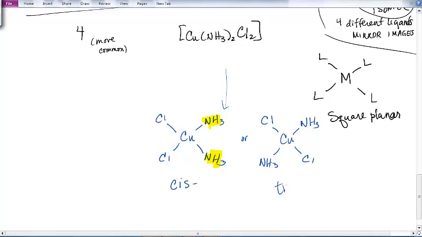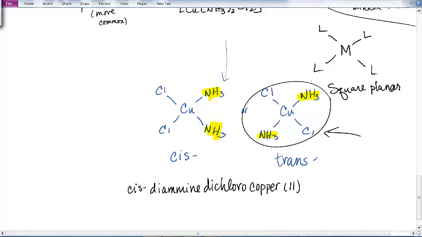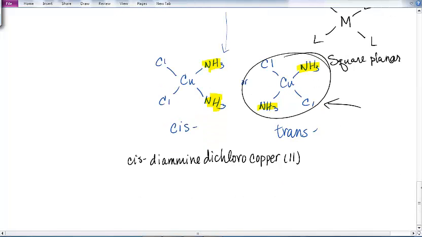This other one, when it's opposite, is trans, and trans means opposite, and we've got ligands opposite each other. So this one literally could be called, in this case, cis diamine dichloro copper. This is still copper 2, whereas this one would be trans diamine dichloro copper 2.